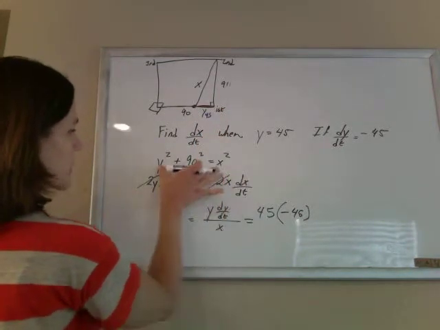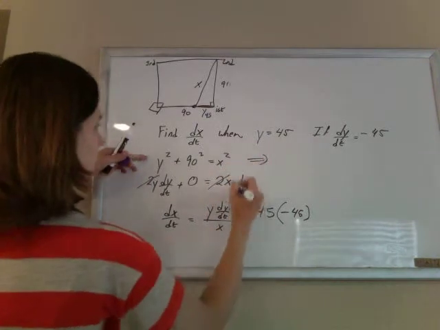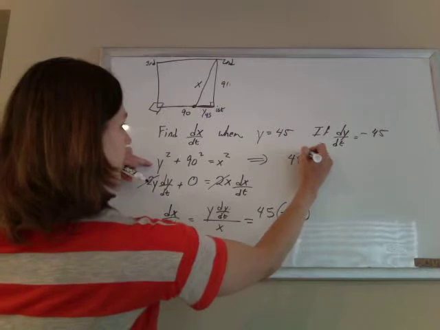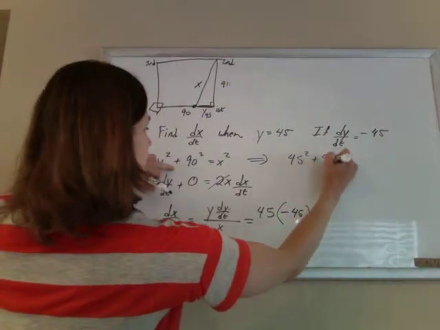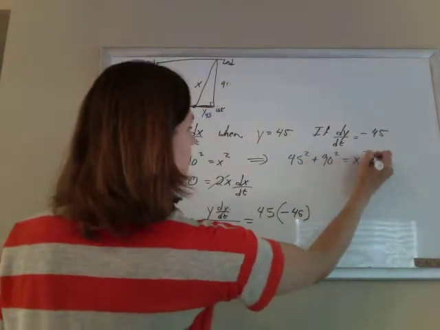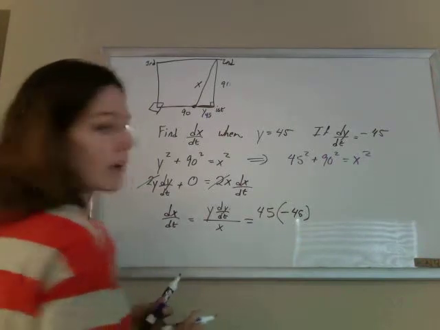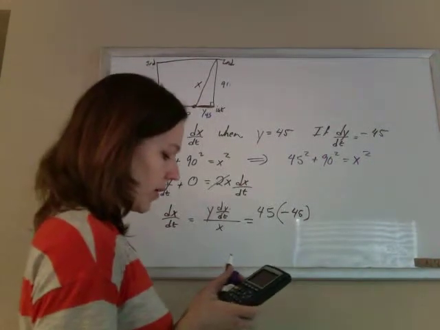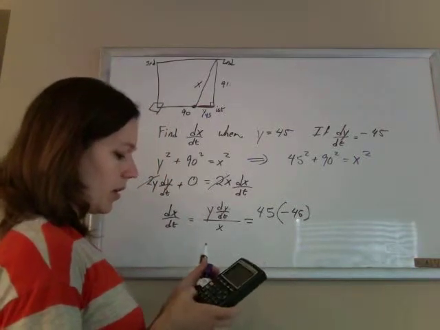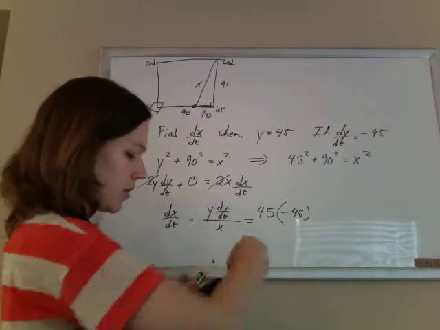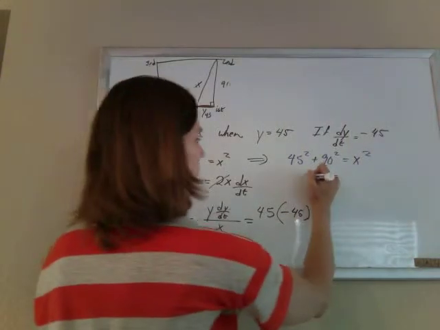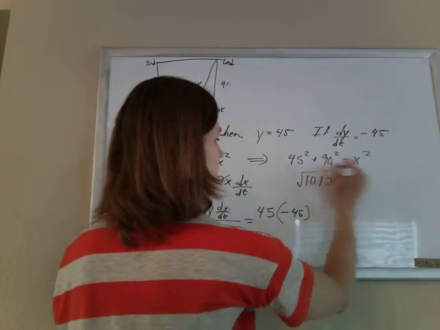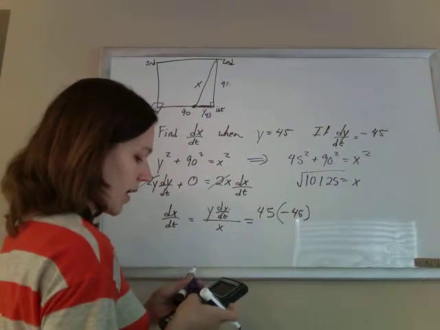So using my same setup, when y is 45, I'll have 45 squared plus 90 squared equals x squared. And if I solve that, 45 squared plus 90 squared is 10125. So 10125 is x squared, so x is going to be the square root of that nasty mess.